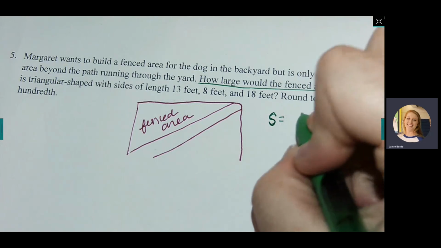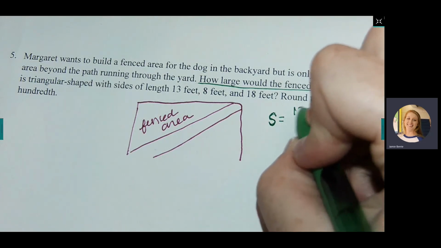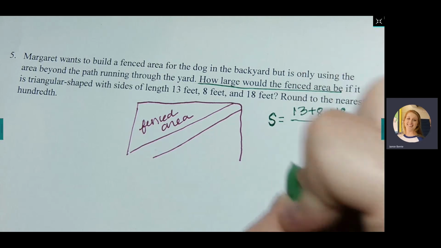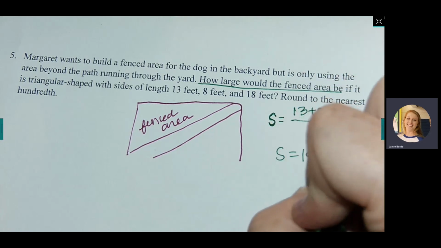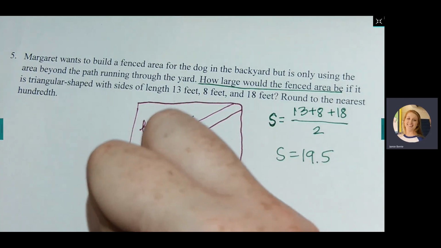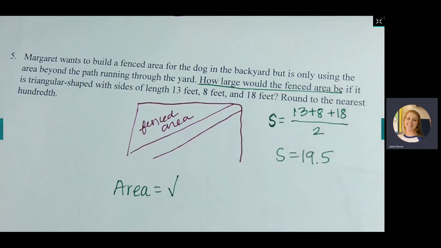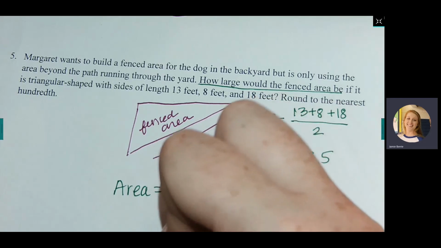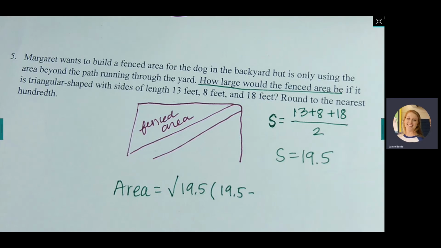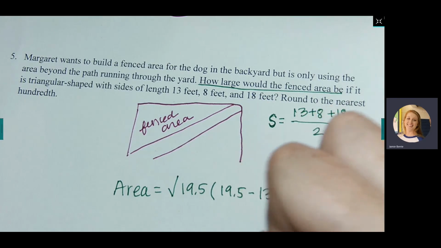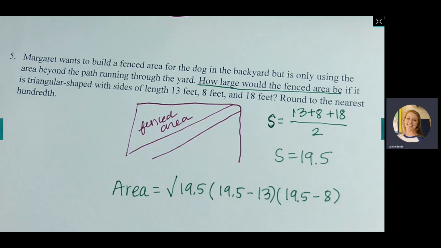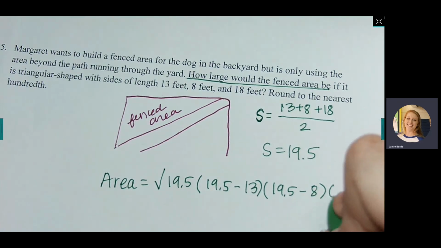All right, so S, the semi-perimeter, 13 plus 8 plus 18 all over 2 is 19.5. And then we can just plug it into our area formula for a triangle. So 19.5 times 19.5 minus 13 times 19.5 minus 8 times 19.5 minus 18.